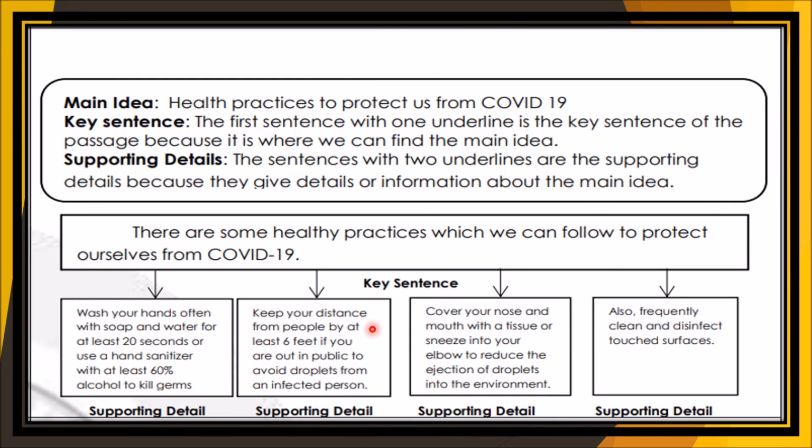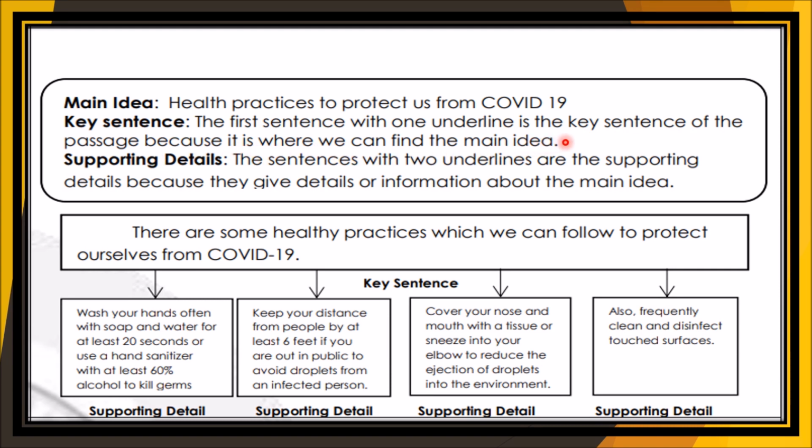So here, as you can see, the main idea is the health practices to protect us from the COVID-19. And the key sentence there is the first sentence. With one underline, it is the key sentence of the passage because it is where we can find the main idea.